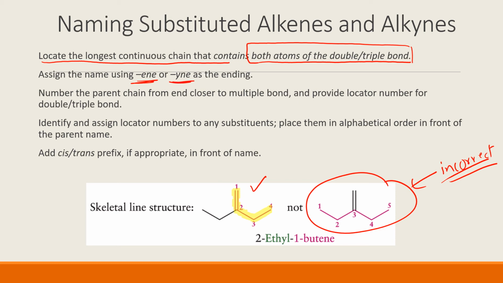After identifying the name of the parent chain, we give the locator number, and we number the parent chain from the end which is closer to the double or triple bond, and this way it provides a locator number for the double or triple bond. For example, in this example shown here, we will number from the top, because this way it will give the double bond the smallest possible number, which is number 1.